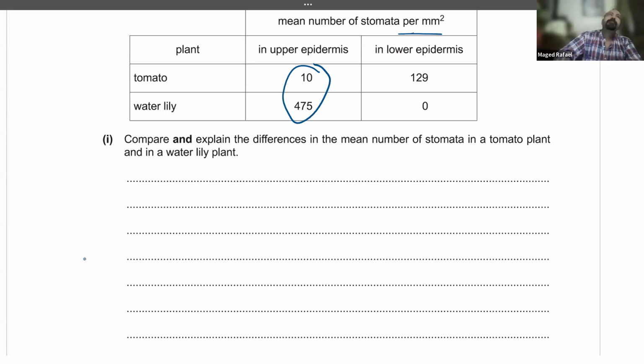So you will talk about the reduction of water loss in tomato. However, for water lily, you will talk about how this will provide more gas exchange, as water doesn't need to be conserved in a water area or water body. The plant lives in an aquatic environment.